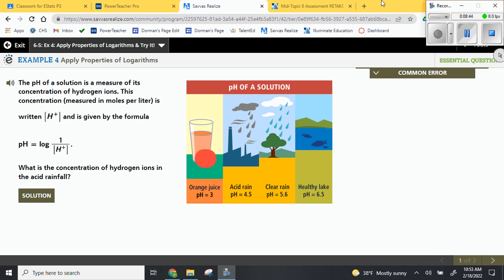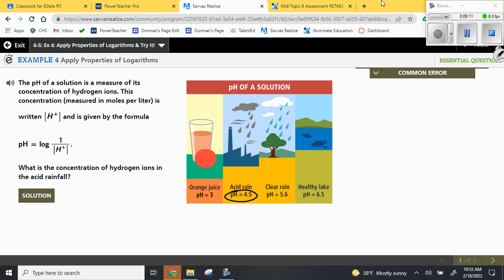All right, so the last one we're going to do is we're going to apply this to a real world problem because that's how we always do it, right? So let's go ahead and see what is the concentration of hydrogen ions in the acid rainfall. So pH of a solution, so acid rainfall, let's look at it. Acid rain, we got a pH of 4.5.